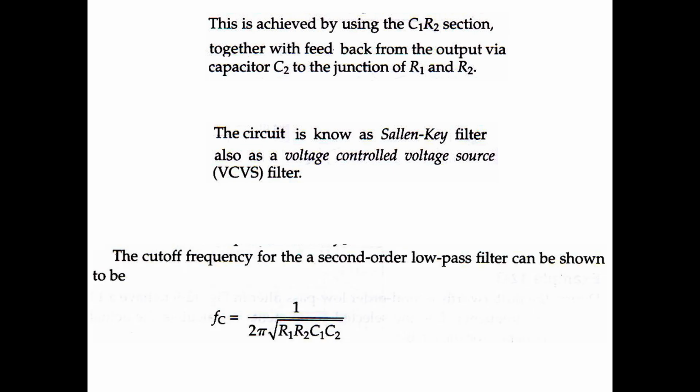The cutoff frequency for the second order low pass filter can be shown to be fC equal to 1 divided by 2 pi square root of R1 R2 C1 C2.